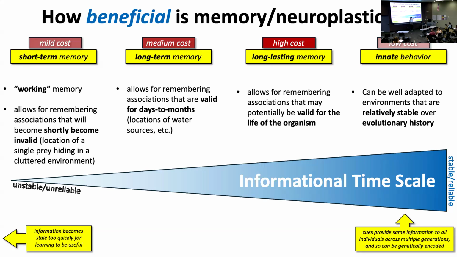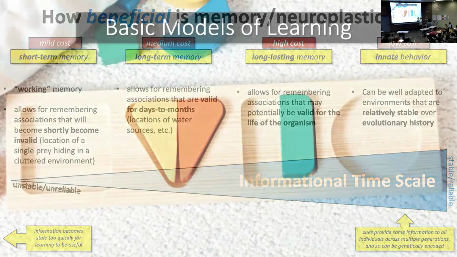But if they're super stable over generational timescales, then it becomes much cheaper because you can just encode them in your genes and get rid of the plasticity entirely. That's what this plot is here. So any questions about the spectrum behind me? Does that make sense? That's the big innate versus learned slide there.